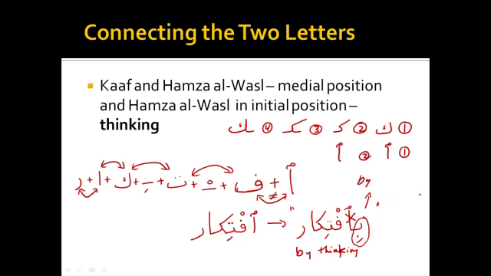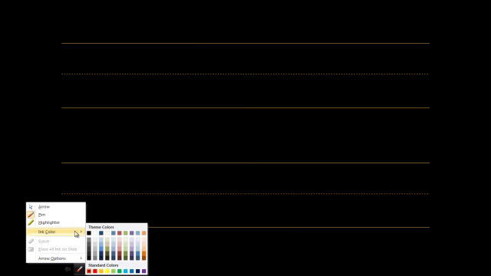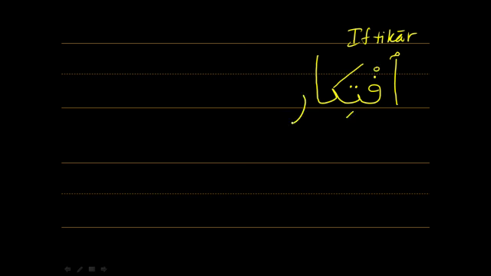Now let's write this word a few times together. So we're writing the word iftikar. So here we have Hamzat al-Wasl, fa, iftikar.